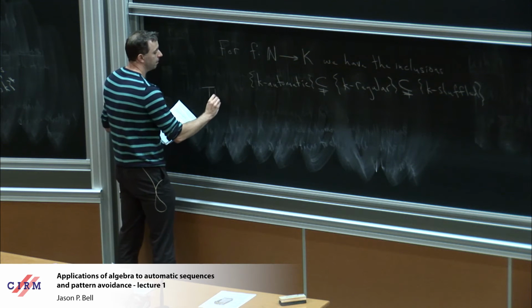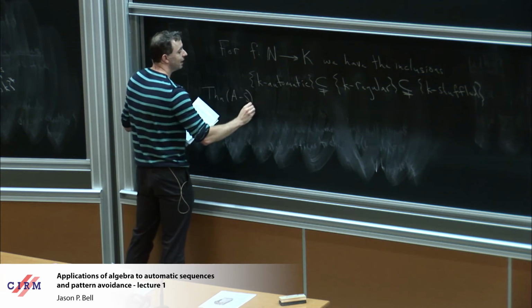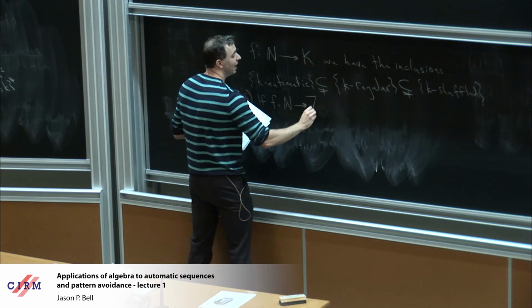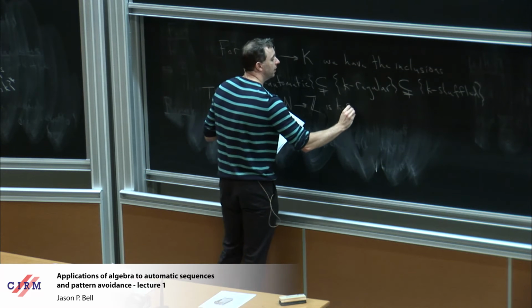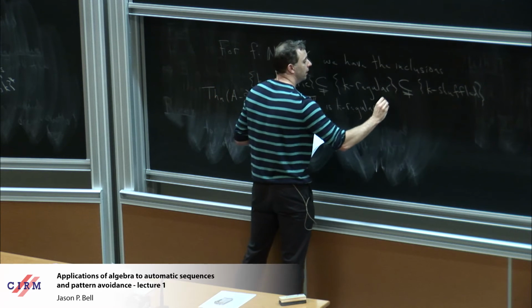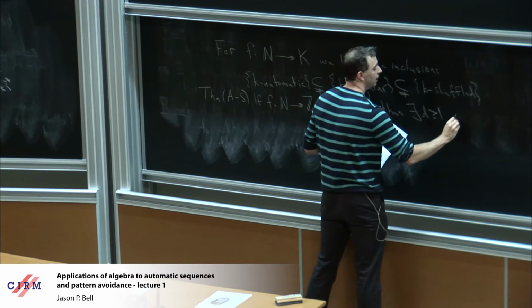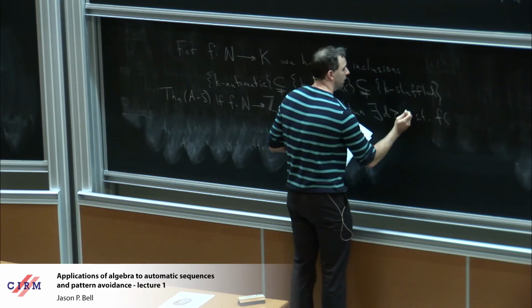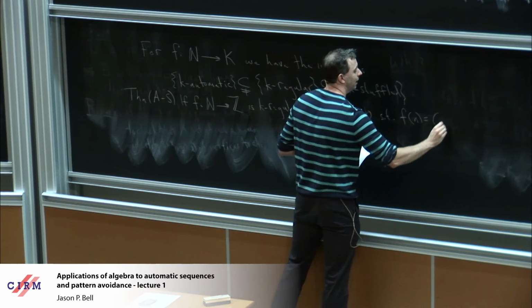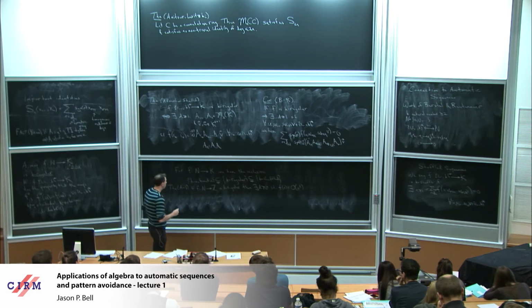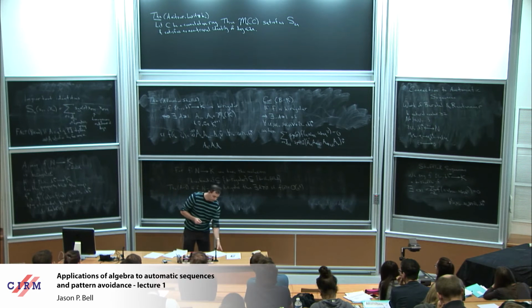There's a theorem due to Allouche and Shallit that says that if f from N to Z is k-regular, then there exists some d so that f(n) grows at most polynomially in n. And with k-shuffled maps, you can have arbitrary growth.